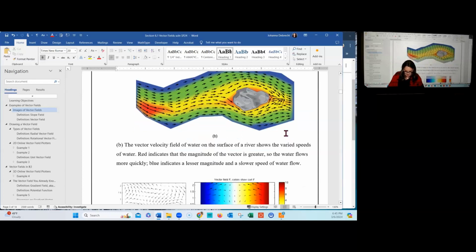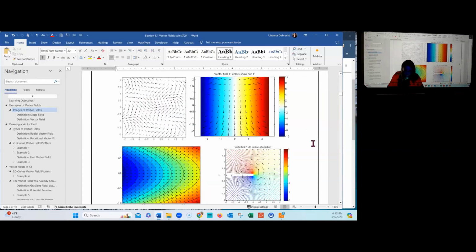Now let's go ahead and look at some other types of vector fields. In the one up at the top, you can again see that there are vectors of different lengths pointing in different directions. And you can tell that there are three others that are showing both vectors and colors to represent different values.